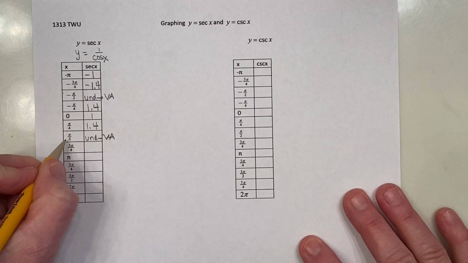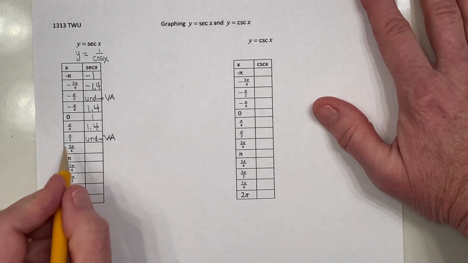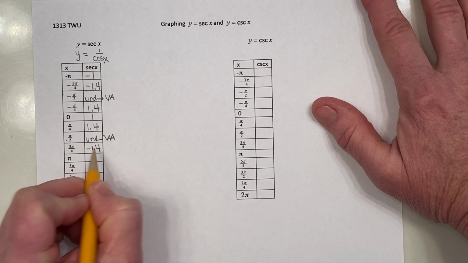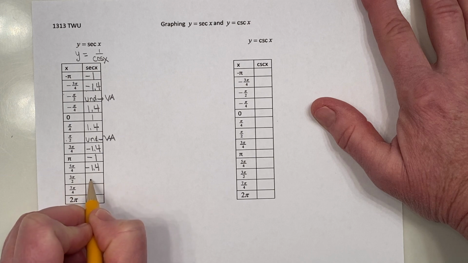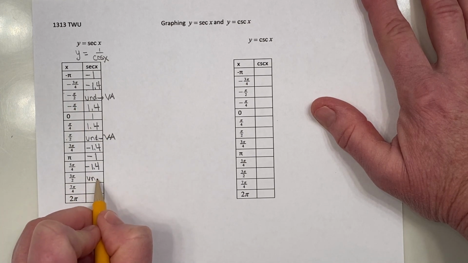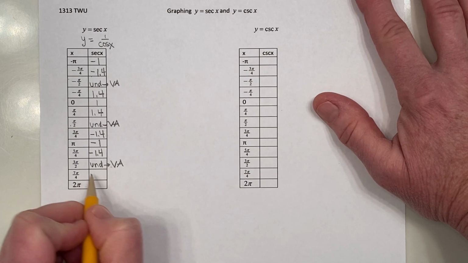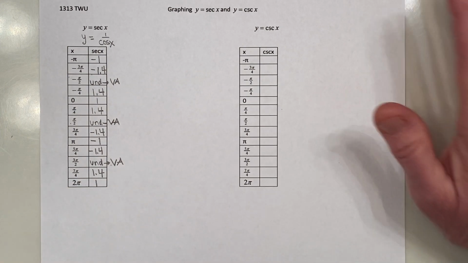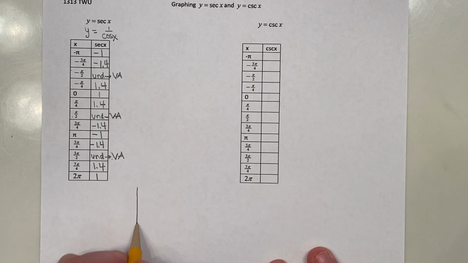So it looks like the vertical asymptotes are happening at the half pi's, not the whole pi's. 3 pi over 4. 5 pi over 4. 3 pi over 2 is coterminal with -pi over 2, so it looks like that's undefined. And this would be 1.4 and then 1. All right, I didn't leave myself enough room here, so we'll put the graph down here.